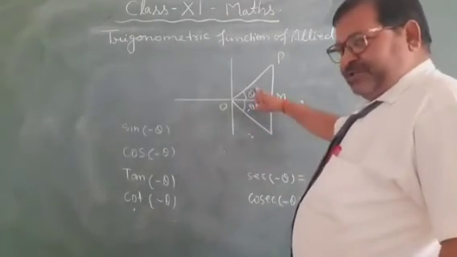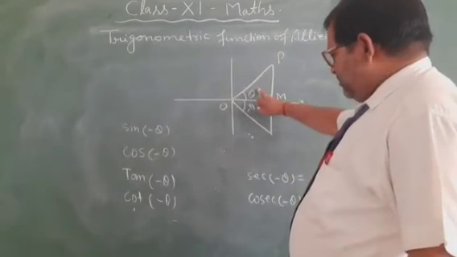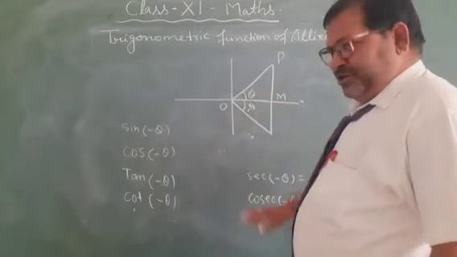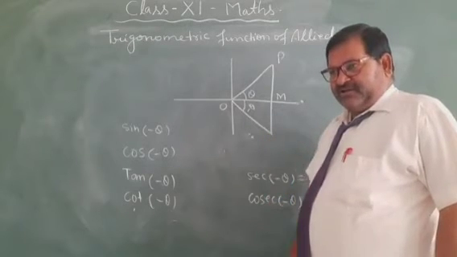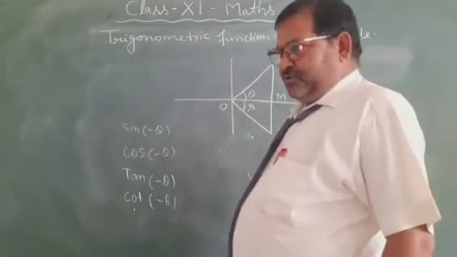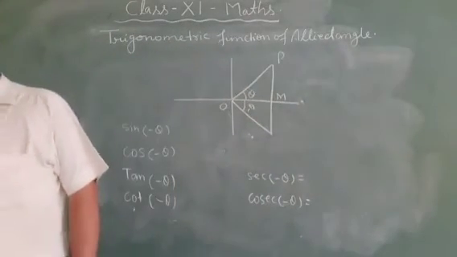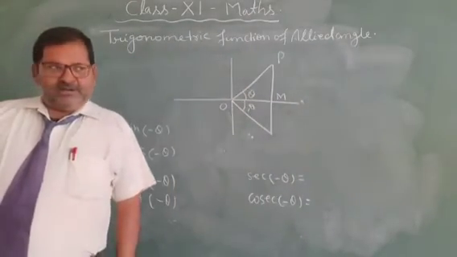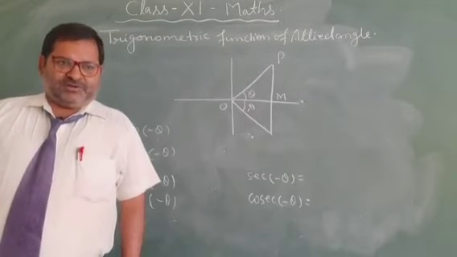Theta is the positive angle and this theta we convert into the minus theta and we find the trigonometric ratio of all the negative angle in the form of trigonometric ratios.